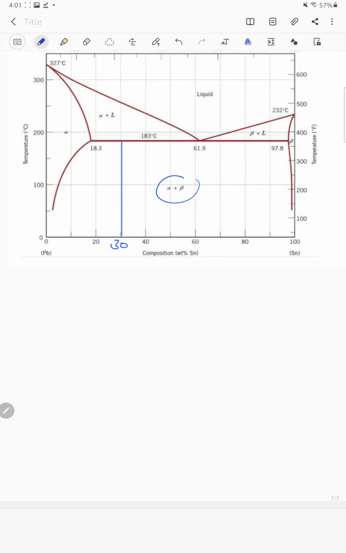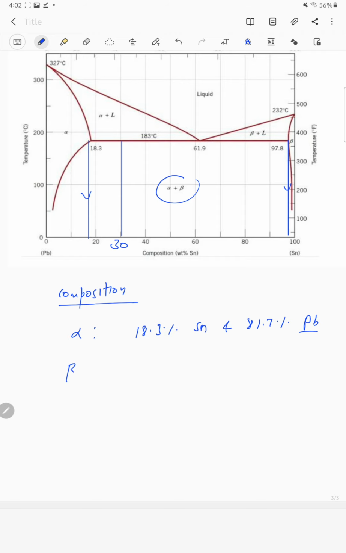The phases are alpha plus beta. For composition, the alpha phase lies here, and this will be alpha and this will be beta. For the alpha phase, same as before, what will be the composition? 18.3% Sn and 81.7% Pb.